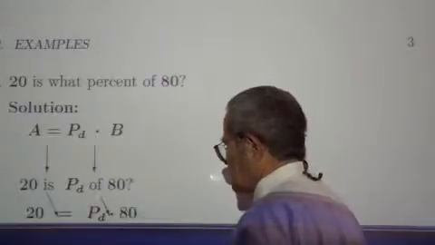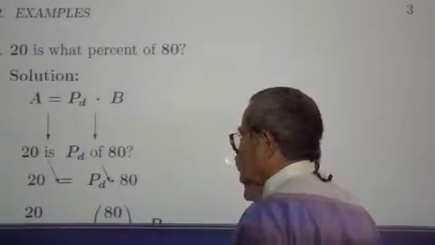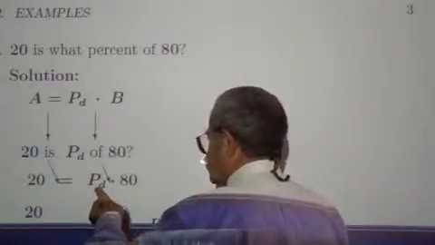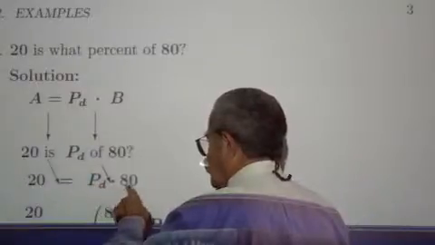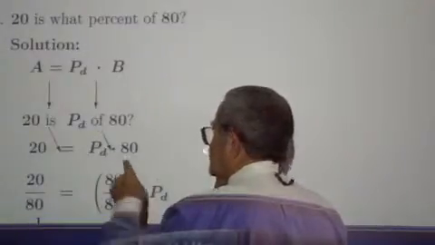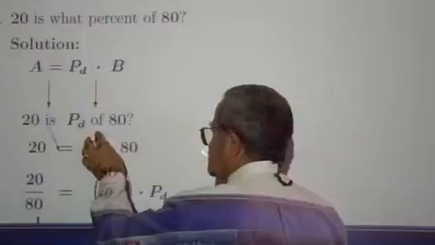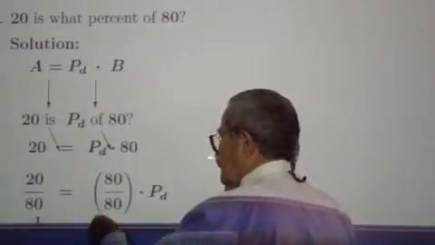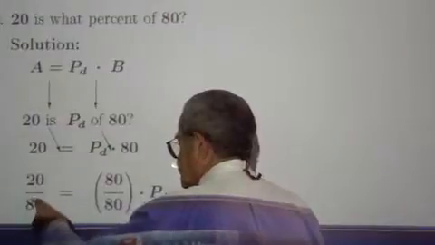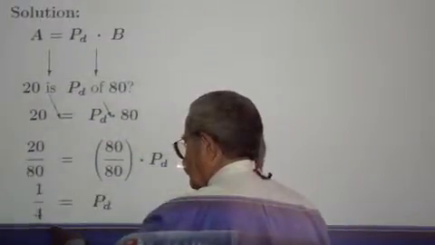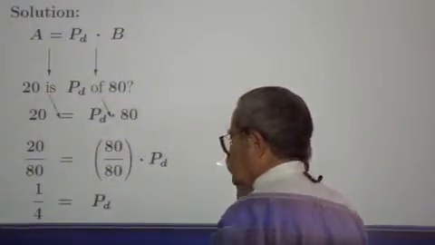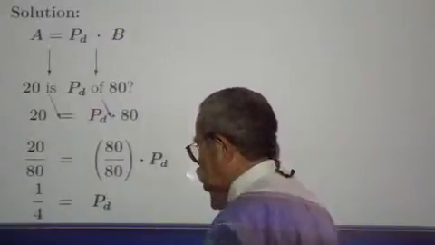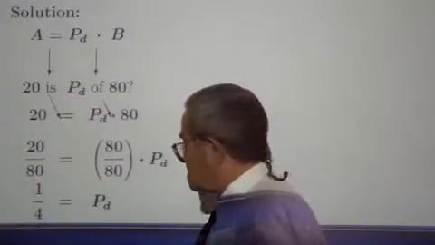Let's see what I just said. 20 equals, call it x if you want to, times 80. Divide both sides by 80 to make this 1 times the unknown. That's what you want, 1 times the unknown. And this becomes, when you reduce 2 over 8 or 1 over 4, you want this as a decimal converted to a percent.